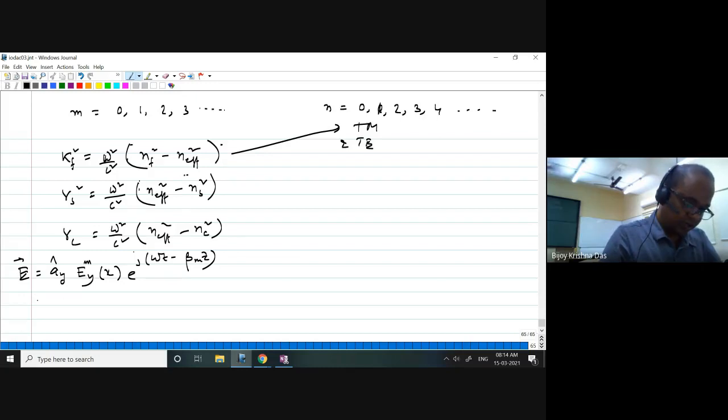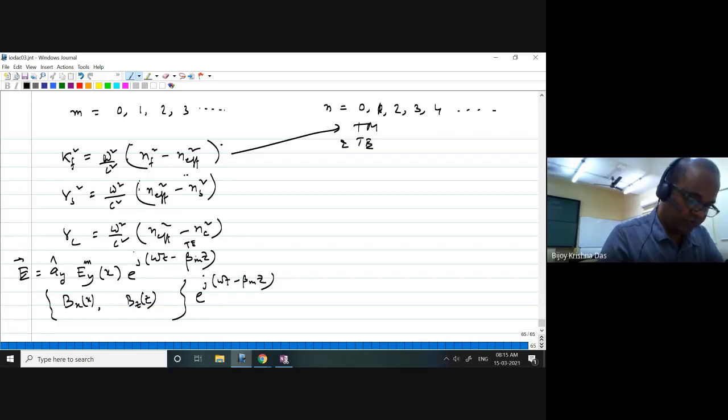And then your magnetic field, you can have Bx component, that will be also X dependent, and Bz Z dependent, and both will be again e to the power j omega t minus beta m z. And since it is TE, sometimes people used to write TE superscript somewhere, beta m TE or something like that. So you have to keep that in mind, that this is for TE.